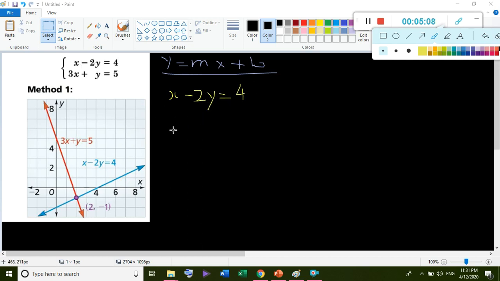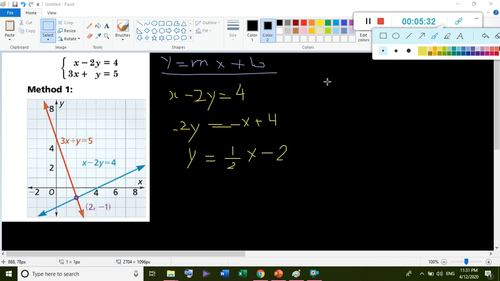Now we move the x over there: negative 2y equals minus x plus 4. Now we divide everything by negative 2, so it's y equals 1/2 x minus 4 divided by negative 2, which is negative 2. This is the slope-intercept form of the first equation.